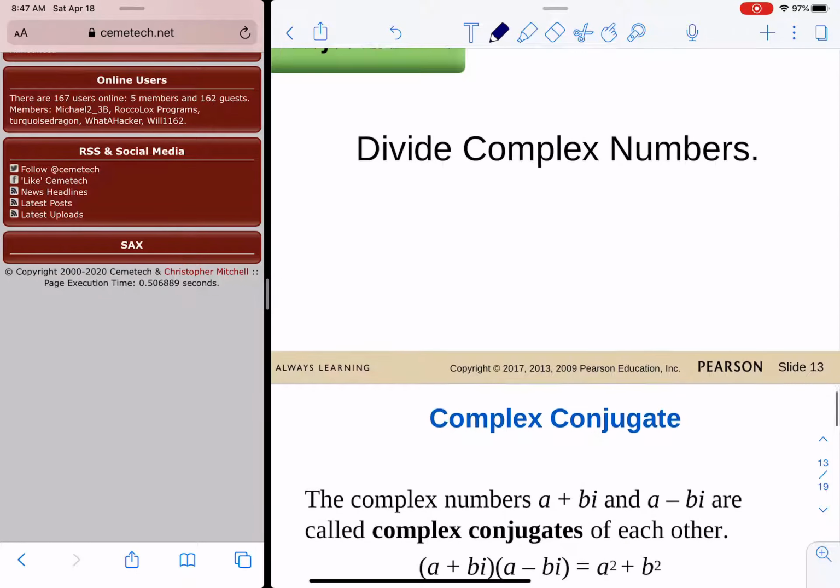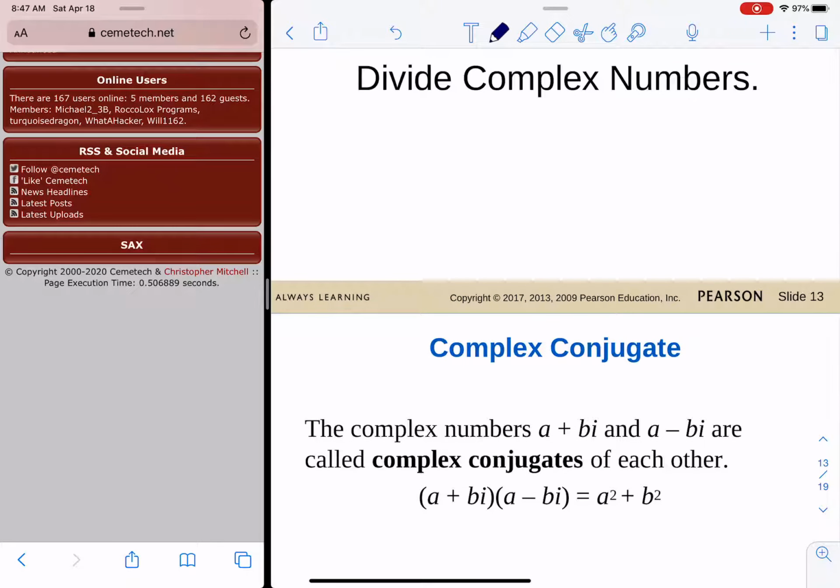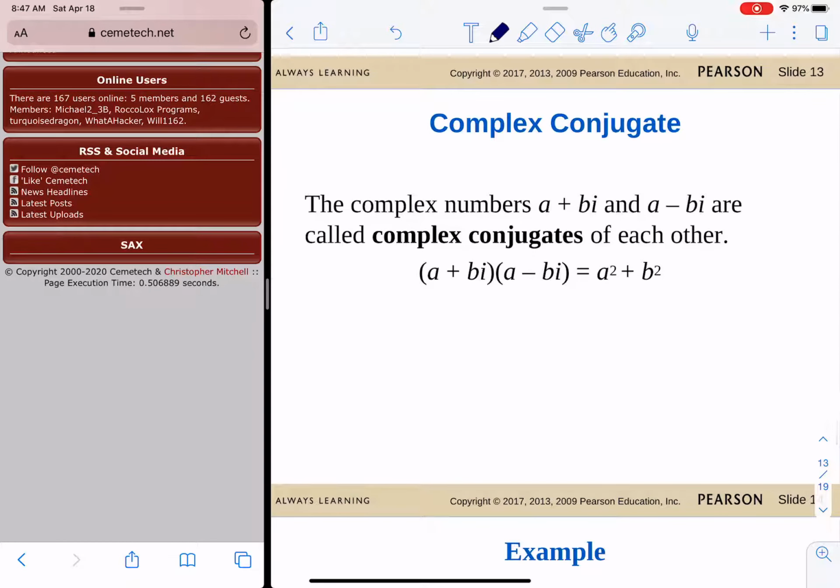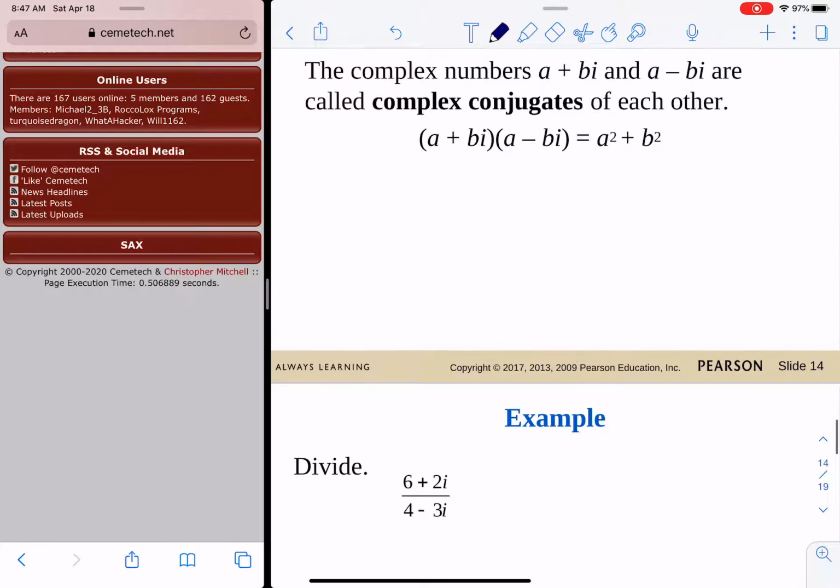So dividing complex numbers requires a nice little trick, and that trick is called conjugation. So if we have a complex number a plus bi, its conjugate is a minus bi.